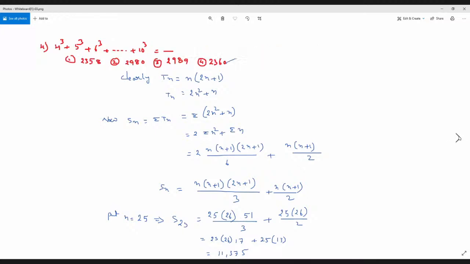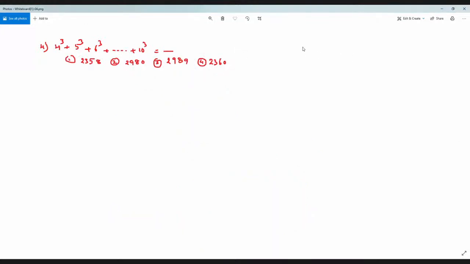Question number 4. Please observe this one. 4 power 3 plus 5 power 3 plus 6 power 3 plus and so on plus 10 power 3. Given 4 to 10.